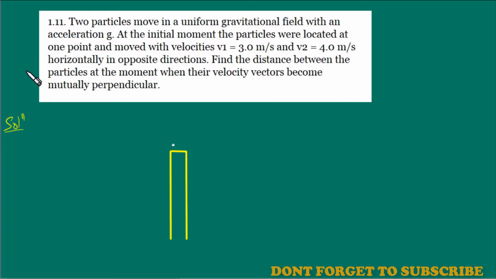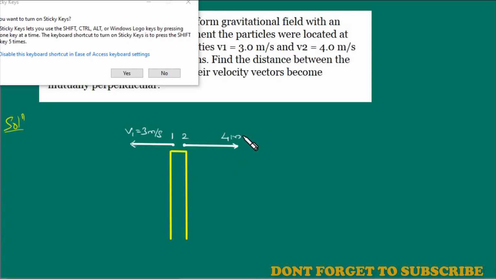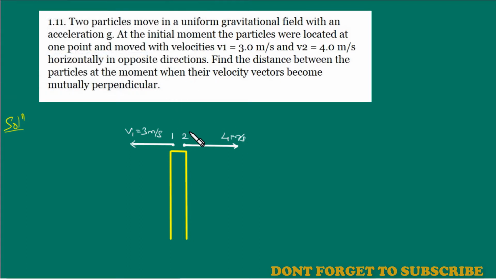Suppose friend 1 has thrown this particle 1 in this direction with velocity v1 equal to 3 meter per second, and there is another particle which is thrown horizontally with velocity 4 meter per second. Let's say this is v2. This is given in the question, and acceleration due to gravity is g.